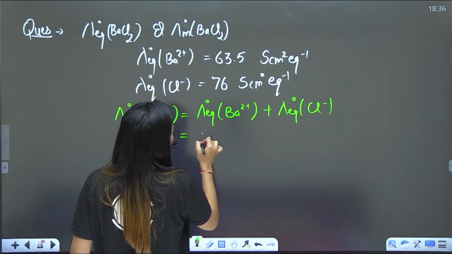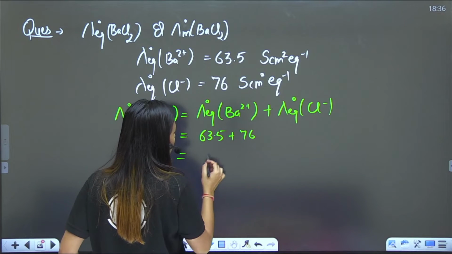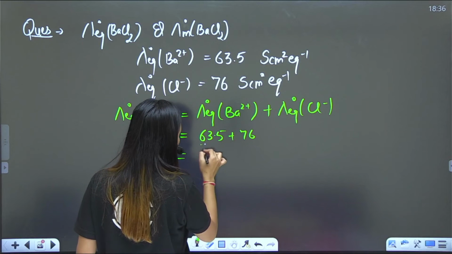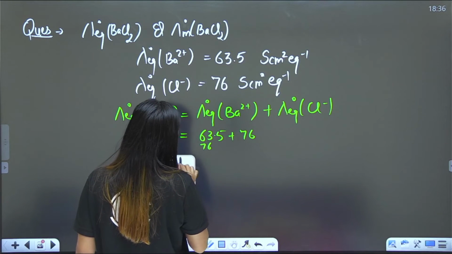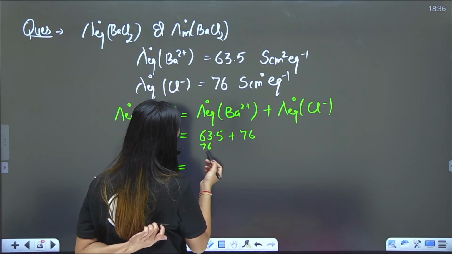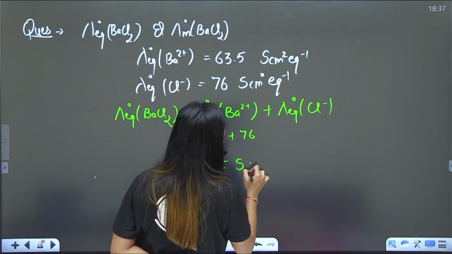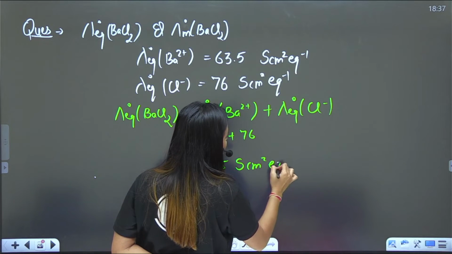So this will be 63.5 plus 76, which is equal to 139.5 Siemens centimeter square equivalent inverse.